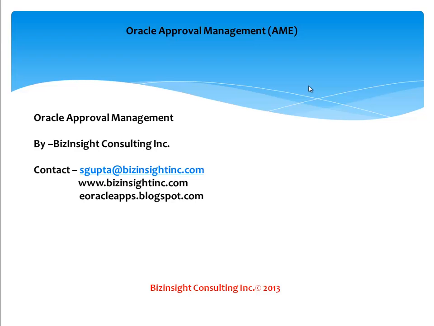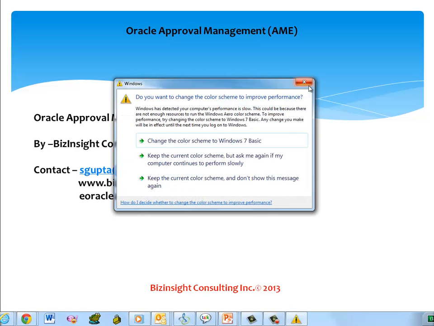Another push point for using AME was that in AME they have already defined the actual human resource hierarchy based on the job level. They have already defined an approval hierarchy based on the human resource job level, and all the rules or conditions to generate the approval were already defined, and it was pretty much implemented.